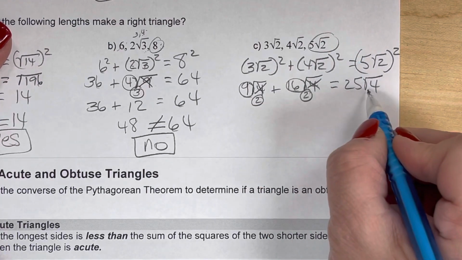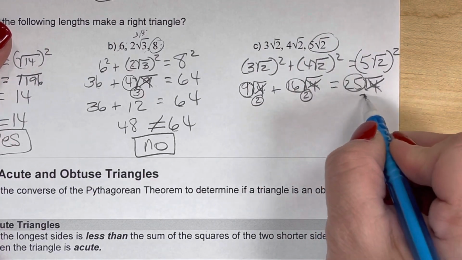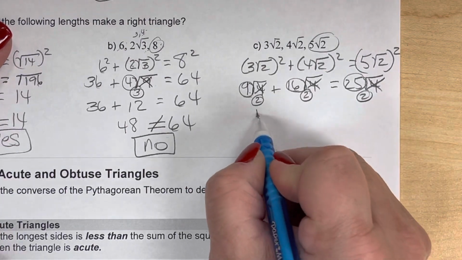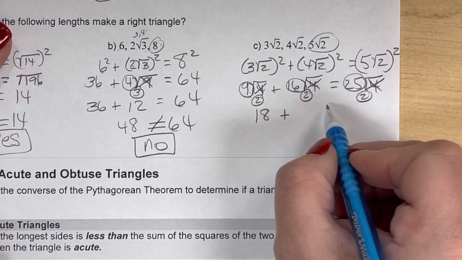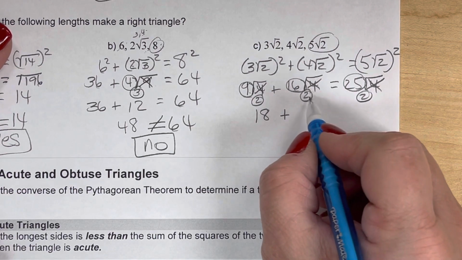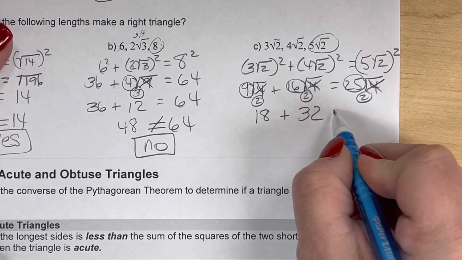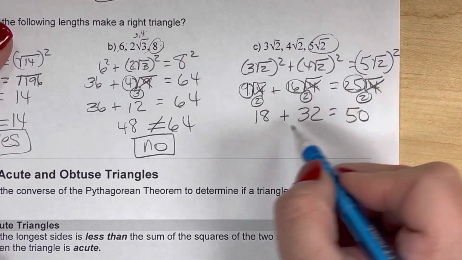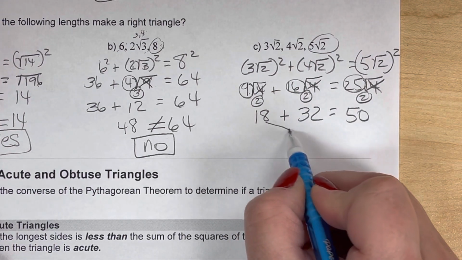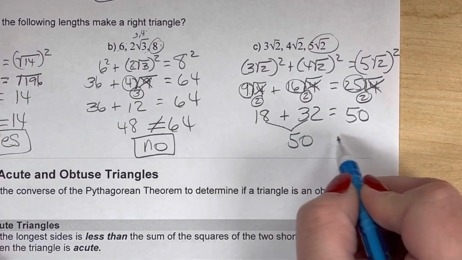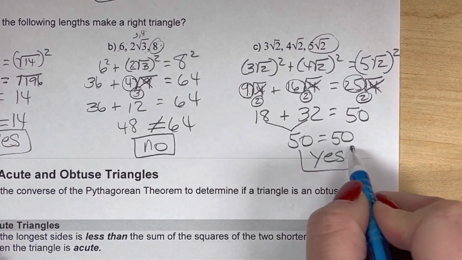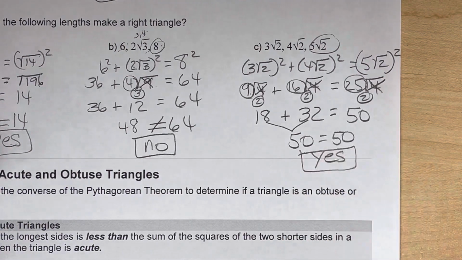So each of these will be multiplied by 2 to simplify that radical. 9 times 2 is 18 plus 16 times 2 is 32 equals 25 times 2 is 50. So 18 plus 32 is 50 equals 50. So yes, that would make a right triangle.